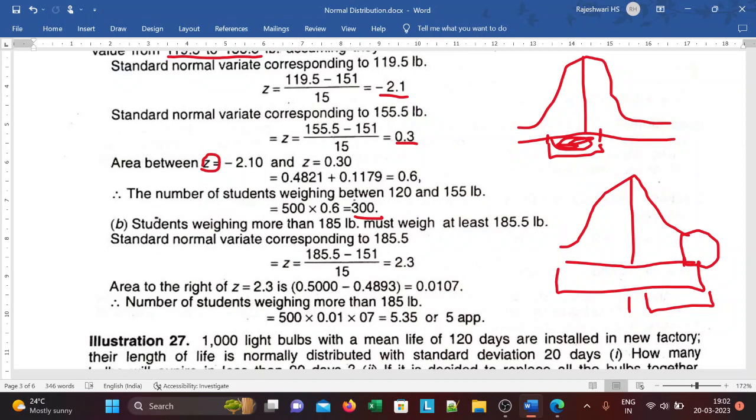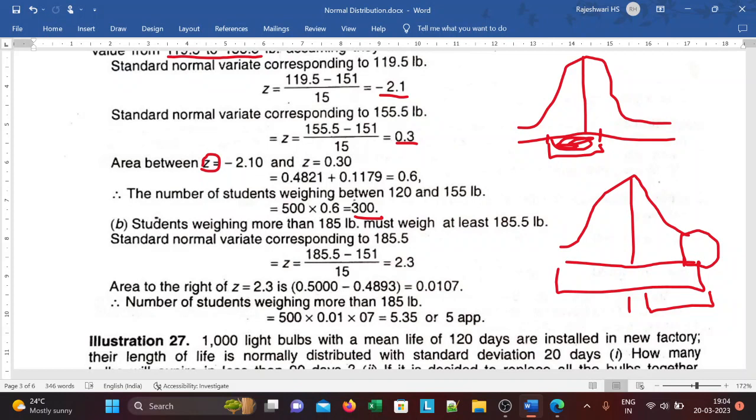So it is 0.0107. Of course, 500 is the total number of students, so it is 500 into 0.0107. That's simple.